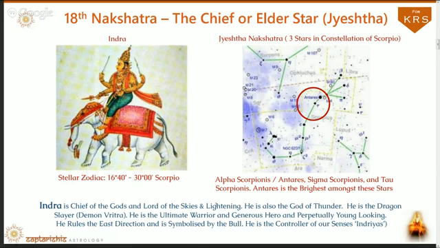In Greek mythology, the god of thunder was called Thor, who was also depicted with a thunderbolt in his hand. So this is nothing else but Indra and his Vajra, his weapon. He was the slayer of the demon king Vritrasur, the dragon.